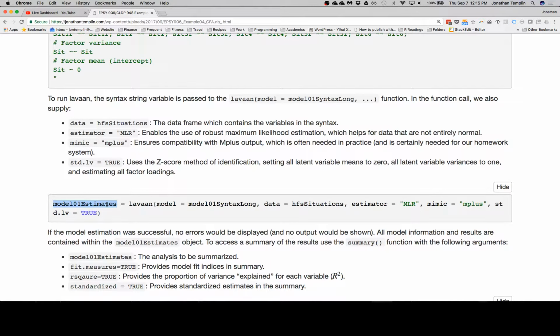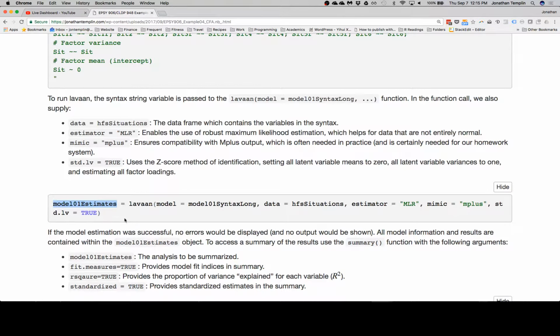That variable is called an object. It contains all the information that goes into the analysis. And then you pass it to other functions to get the summary statement and so forth. We're going to do the same thing here. Model 01 estimates will contain all the information, the estimates, the data, the model specification, all of it for that syntax that you gave it right above.